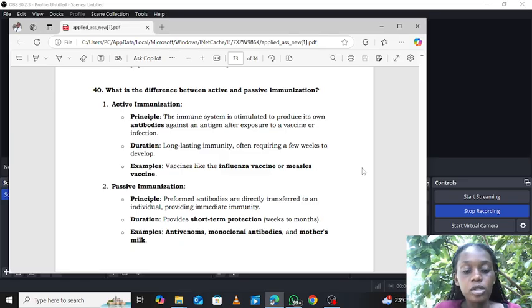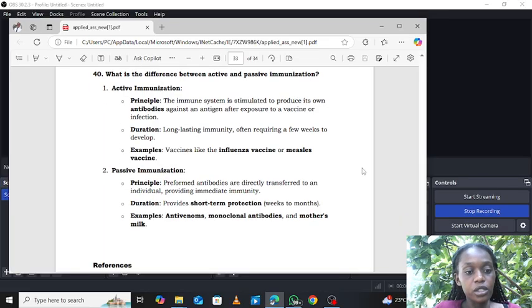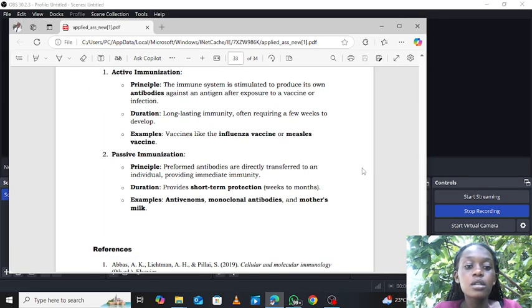An example of a vaccine is the influenza vaccine. In passive immunization, preformed antibodies are directly transferred to the individual, providing immediate immunity, but it provides a short duration of protection. Examples are monoclonal antibodies and mother's milk. I think this is the end of my presentation time.